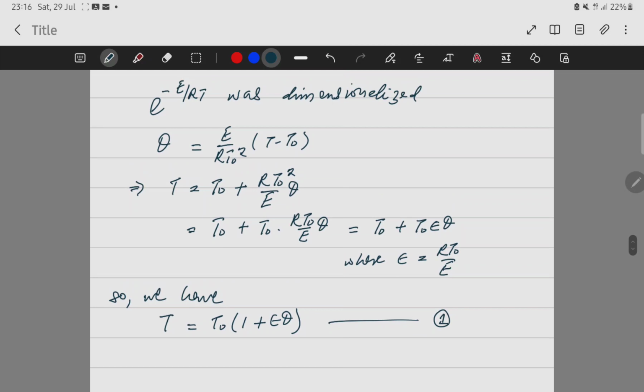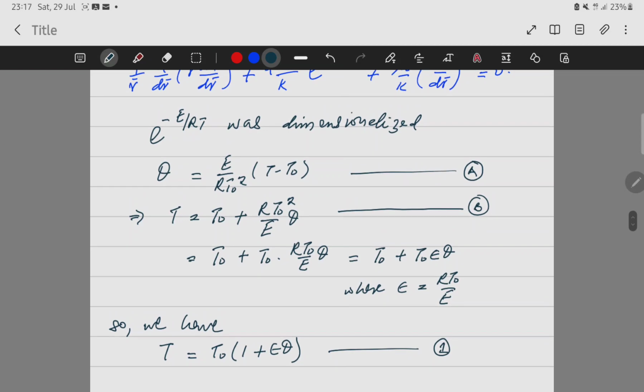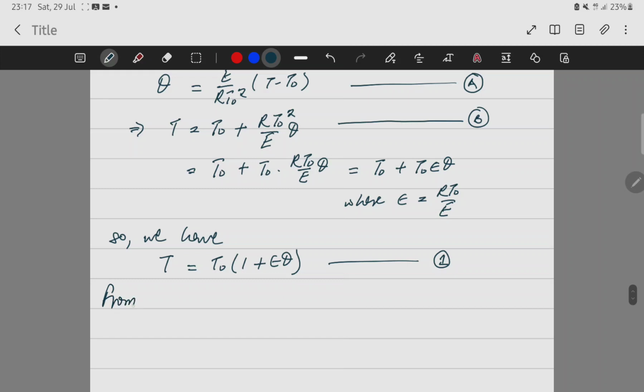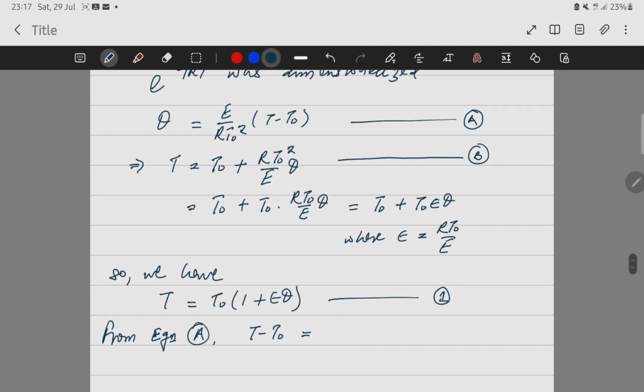Again, from this equation, which I call A, which also gives rise to B, I could also say that from equation A, T minus T naught will be equal to R T naught squared divided by E into theta when you cross multiply.